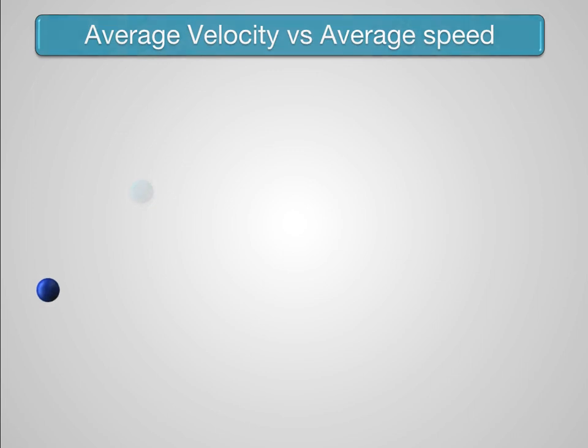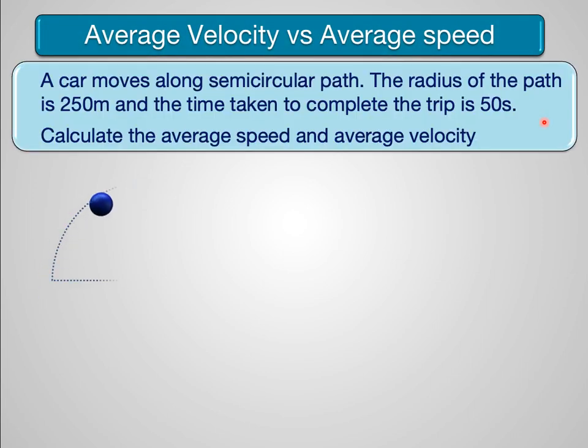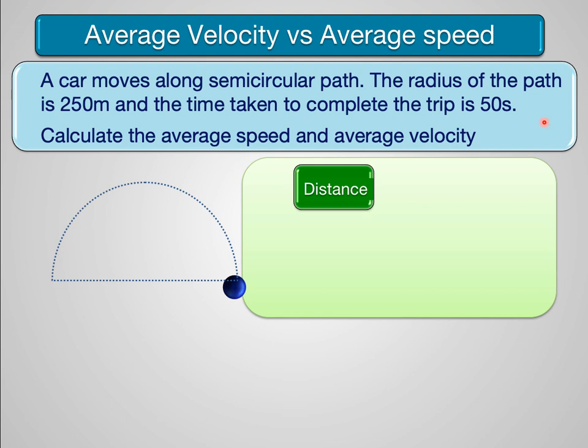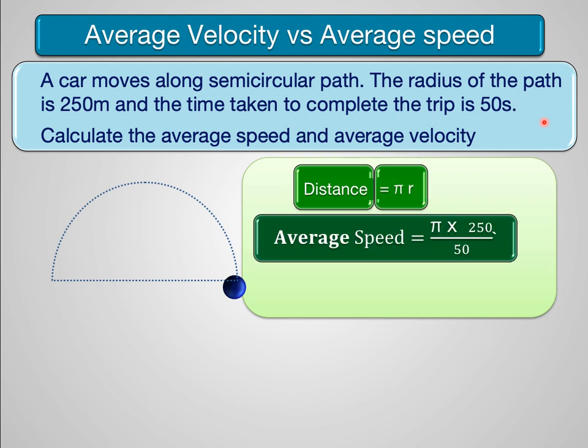Let's do one question comparing the average velocity and average speed. We are going to calculate the average speed and average velocity. Let's find the average speed first, which is distance over time. The total distance traveled, as we have already seen, is half of the circumference, and the total time is 50.